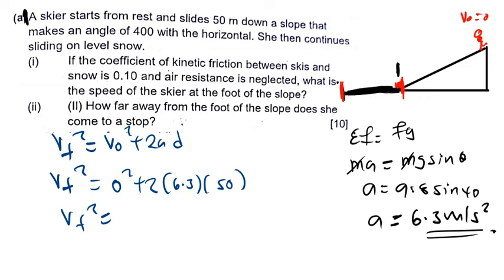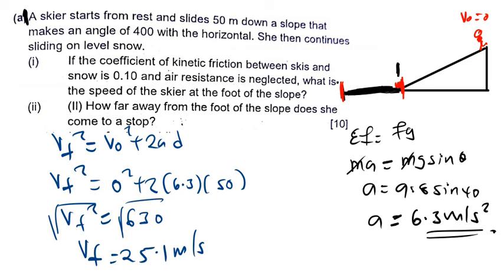What are we getting? 630. Now I get the square root. V final will be equal to 25.1. That's the answer for part 1.